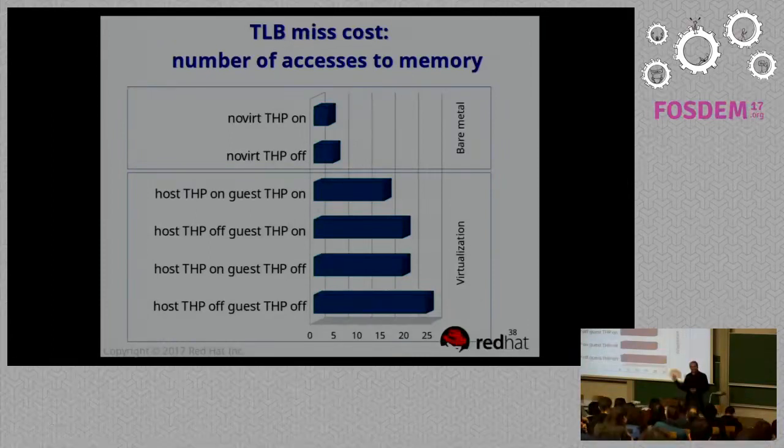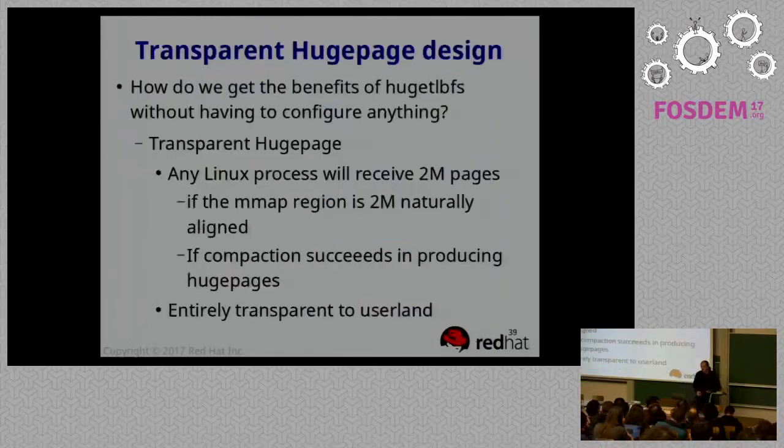So when you use EPT, it needs to do about 25 accesses. I don't remember the exact number, but it looks like 25 in the chart. The chart is accurate. And if you enable THP, both in the guest and in the host, you're going to drop it to like 17 or something.